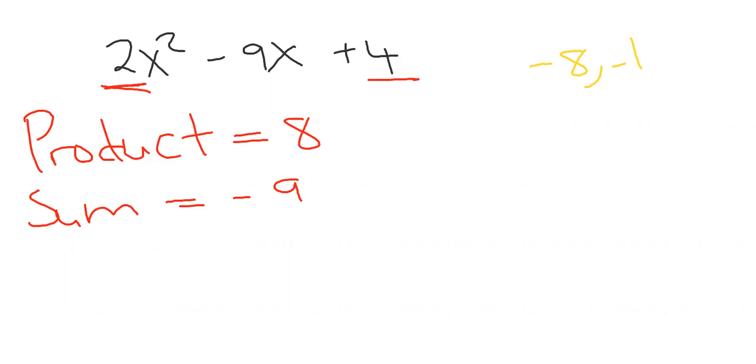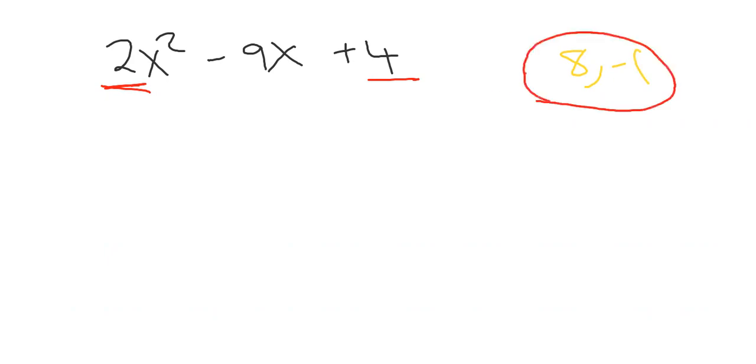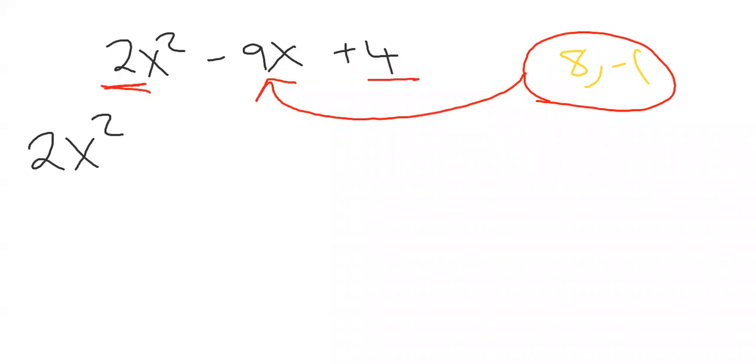So then I said, after finding those numbers, you're going to take those numbers and then you're going to substitute them here. So you are then going to rewrite your expression. So rewriting that, we get 2x squared minus 8x.